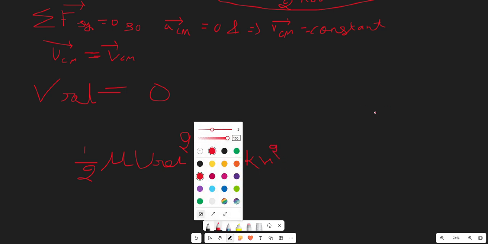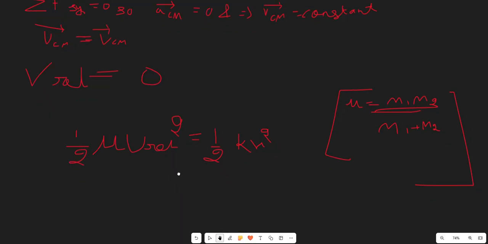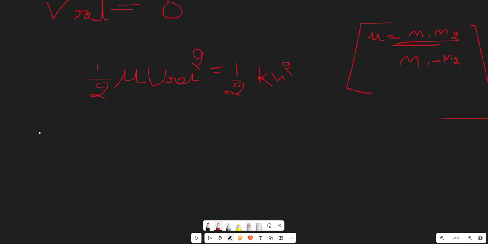The mu is simply the representation of m1 m2 upon m1 plus m2. In our question, 3 kg and 6 kg blocks are given. So mu will be equal to 3 into 6 upon 3 plus 6.